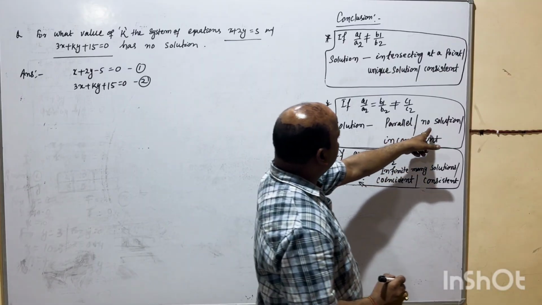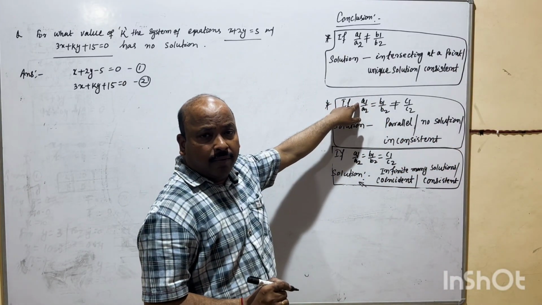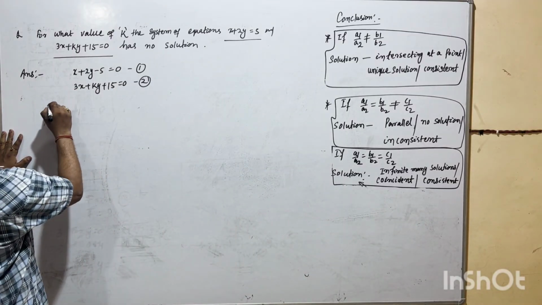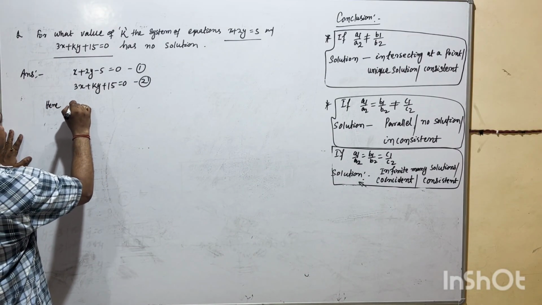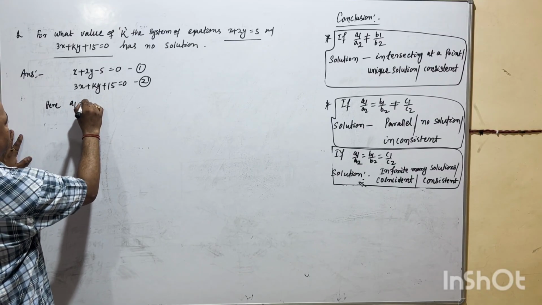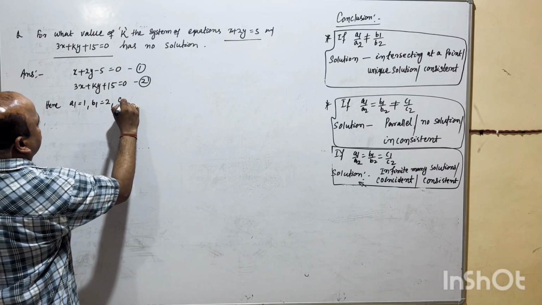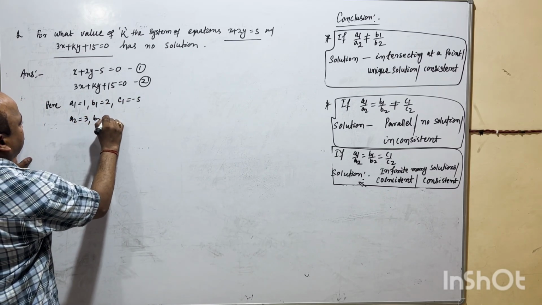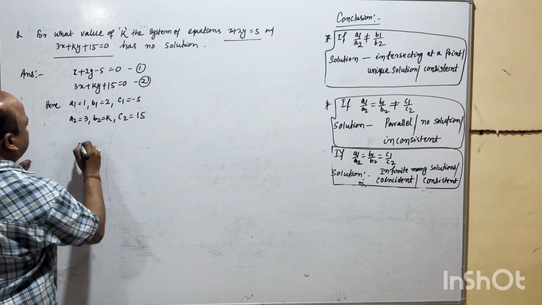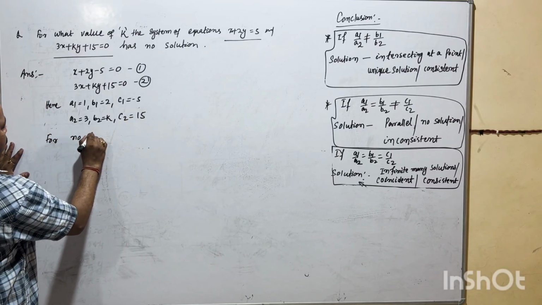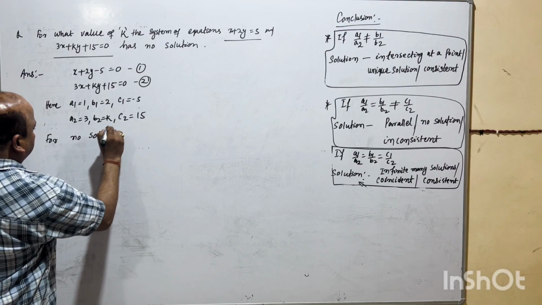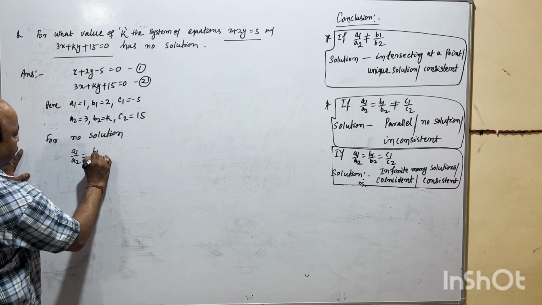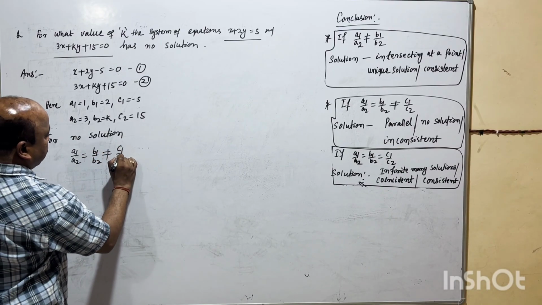For no solution, the condition is a1 by a2 equal to b1 by b2 not equal to c1 by c2.